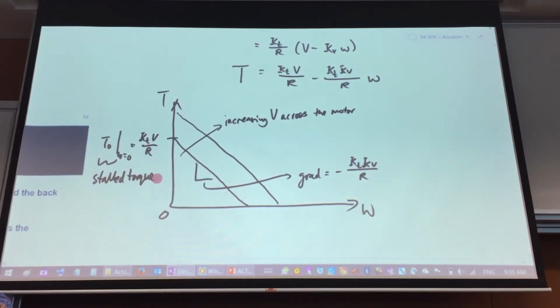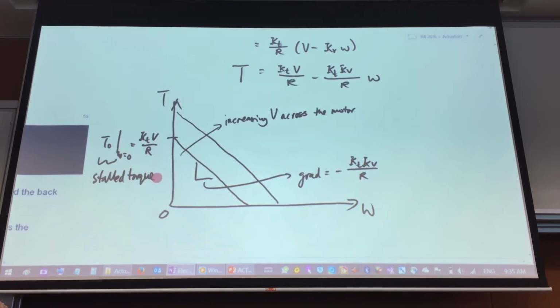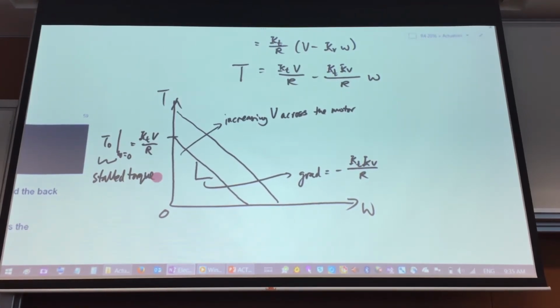What does stall mean? It just means that you have energized your motor and then stopped it from moving by pressing on the shaft. But you can feel with your thumb that it's trying to turn. That is the stall torque. No velocity, but you can feel that there's a torque. At the other end of the spectrum, there is no torque.